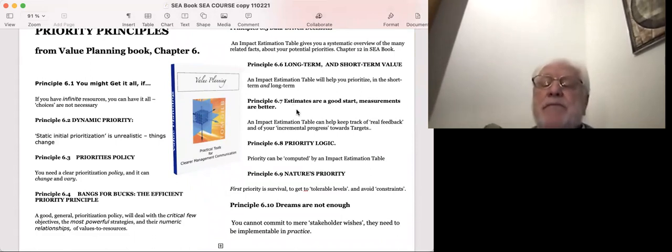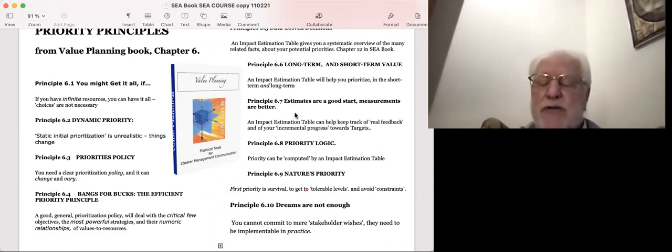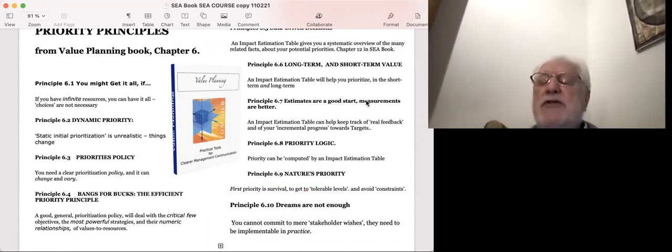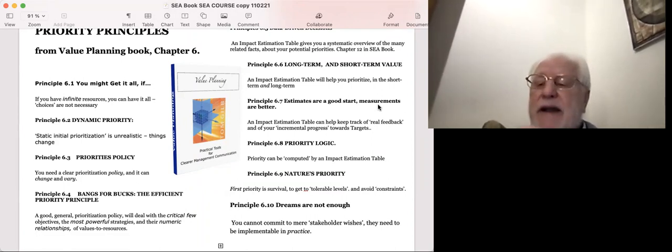It's very useful to make estimates in the impact estimation table for what it is going to cost, how much value we think this architecture will give us. But as we begin to get feedback about what things really cost sprint by sprint and what value they really give, then we need to modify everything as a result of real values. I think the way the Norwegian government and some other governments are handling COVID is a very good example of this.